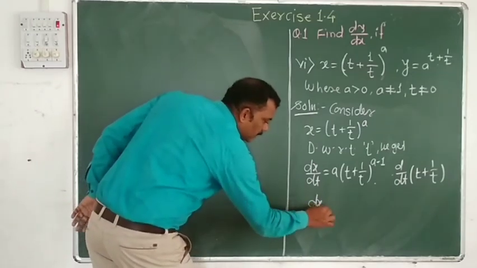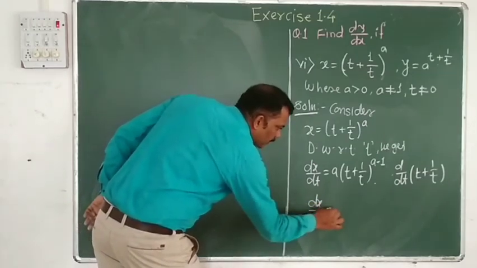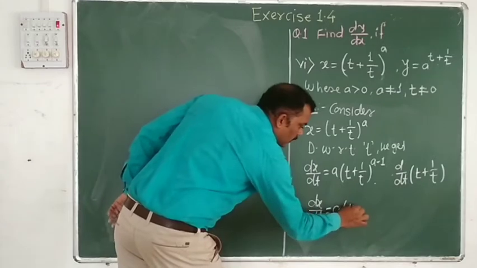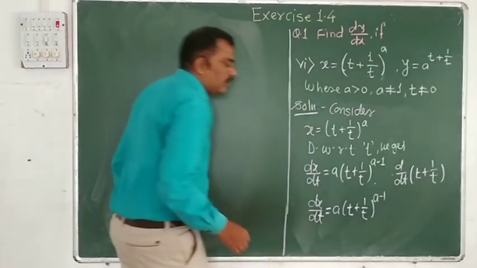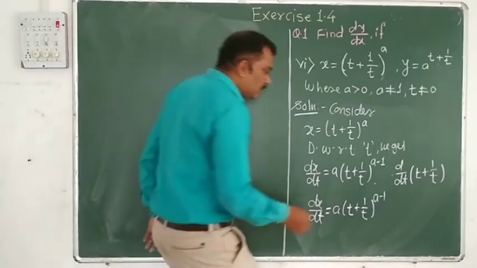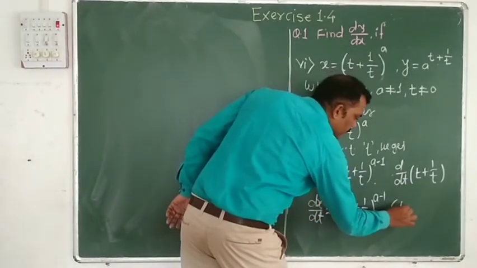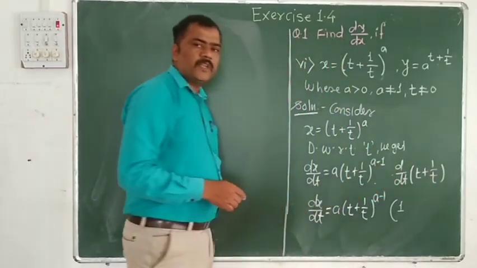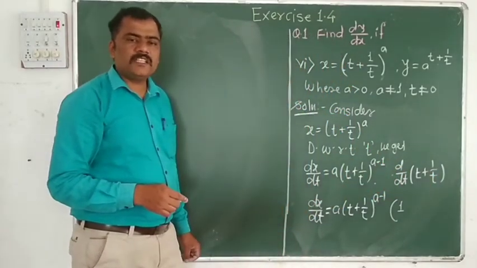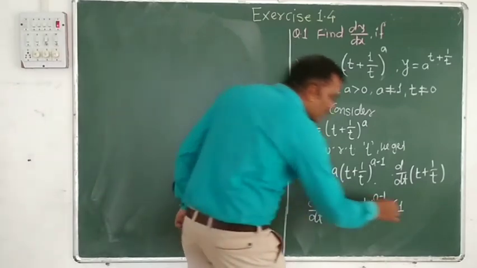So dx by dt is equal to a into (t plus 1 upon t) raised to a minus 1, into the differentiation of t with respect to t, which is nothing but 1. What is the differentiation of 1 upon t? It is nothing but minus 1 upon t square.